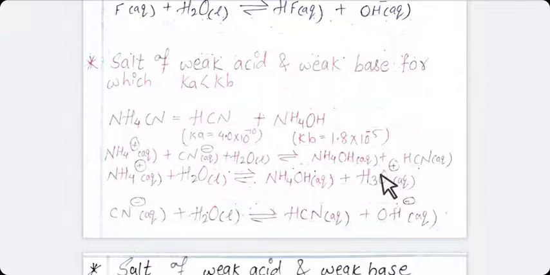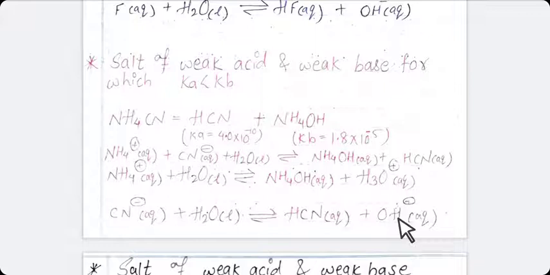What does it mean? The solution of NH4CN, the salt, is basic. Why is it basic? Because we get more hydroxyl ion, or OH- ion. As all of you know, the substance which gives OH- ion in its aqueous solution is a base.